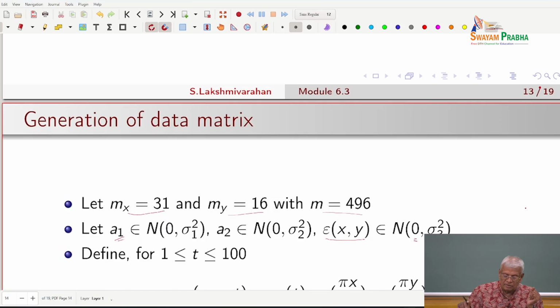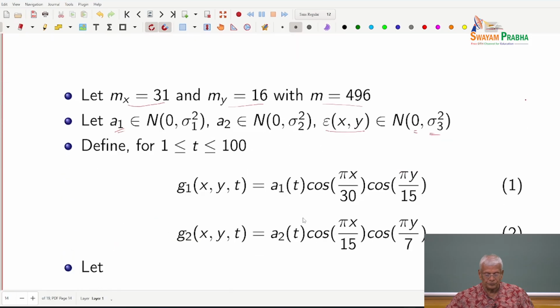I am going to pick a time interval 0 to 100. I am now going to generate a two-dimensional field G1 x comma y comma t. So, there is a two-dimensional spatial variable x comma y and t is a time variable.